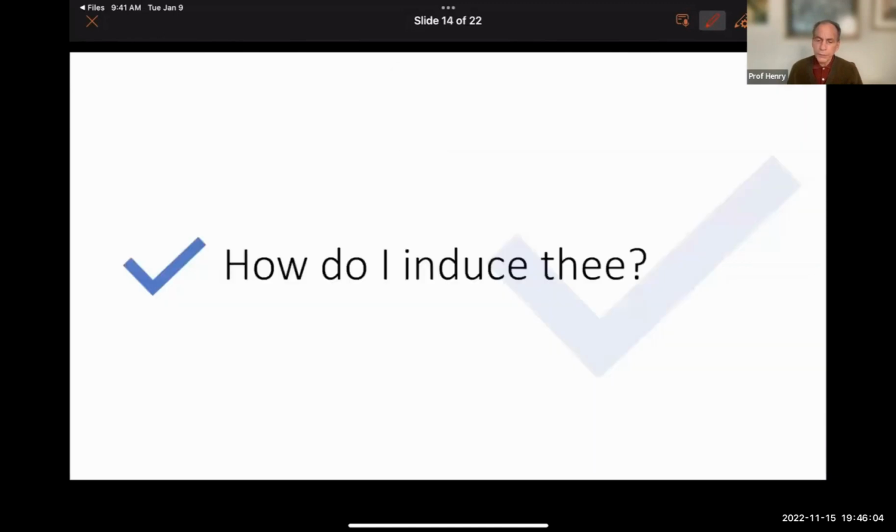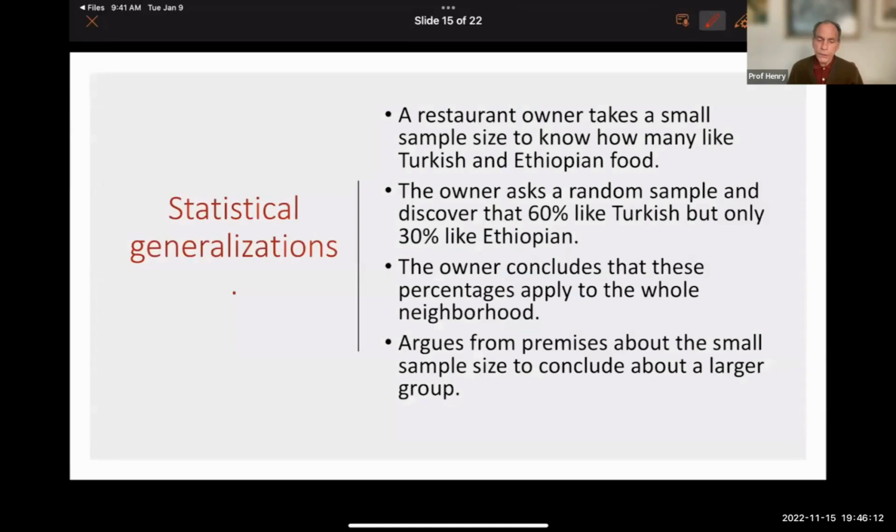Well, let's go on to, so essentially, how do I induce, what kind of induction arguments could we make? So one type is statistical generalization, where we go from a small sample size, and this is what we do in science, and then we generalize, okay?